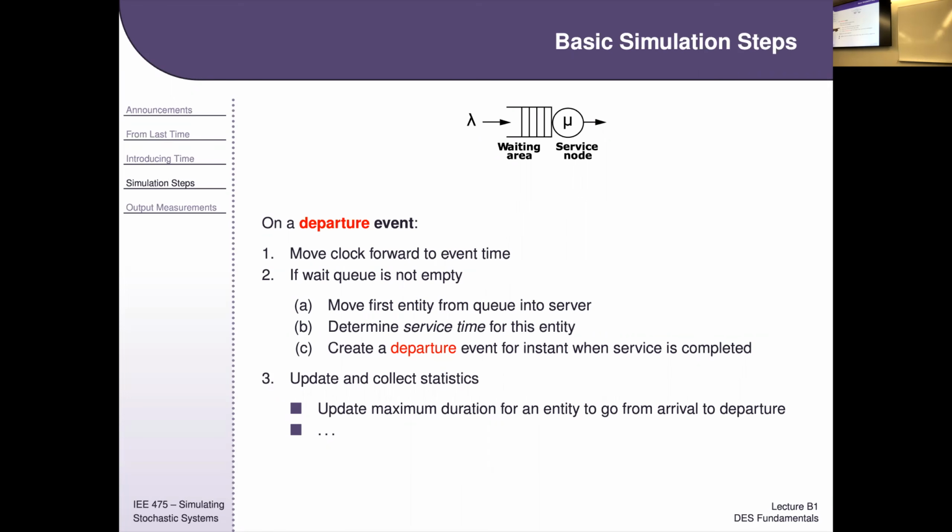So you move the first entity from that queue into the server, draw a service time from the list or randomly, and then schedule a departure event for that one that you just moved into the server. So in this case, the server is idle just for a blink of an eye and immediately goes back to being busy. And then you update and collect statistics.